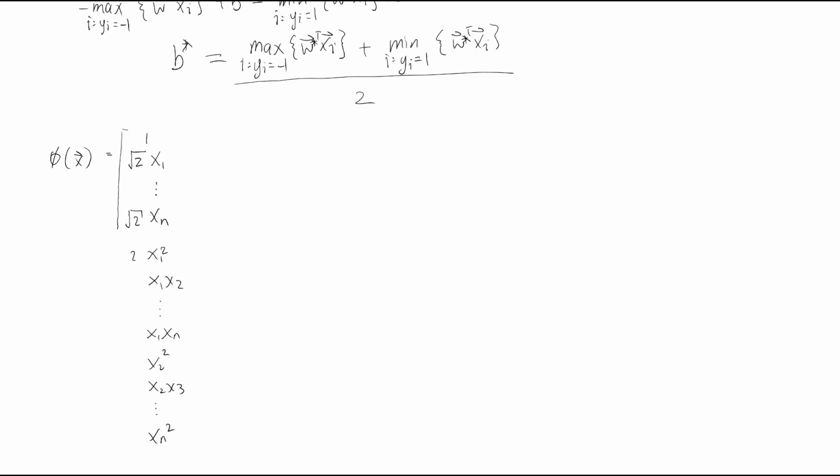And then we're going to put a root 2 coefficient on all of these. So the coefficient doesn't really change the fact that phi of x is the feature of polynomials up to degree 2, but it's going to be useful for us to have this root 2. Actually, we will not have the root 2 on the square terms, just the cross terms. Okay, so this is going to be our feature.